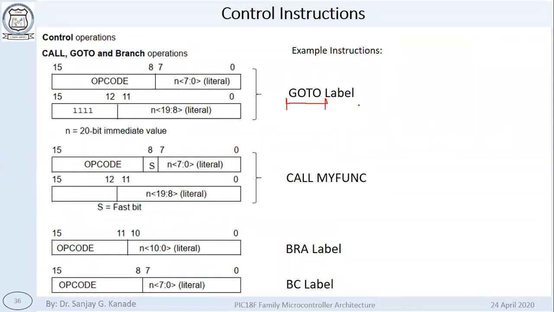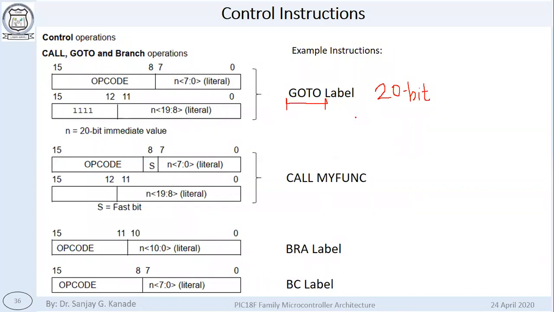Goto label. The label can be given to any instruction, and when the program assembles into assembly language, here there will be an address, and that will be a 20-bit address of the program memory.